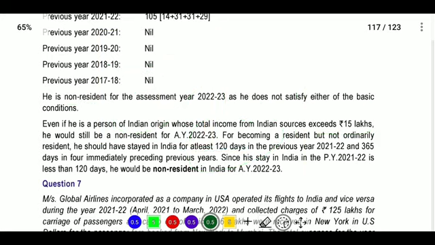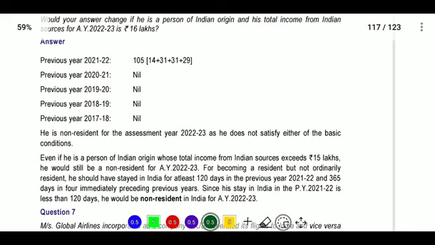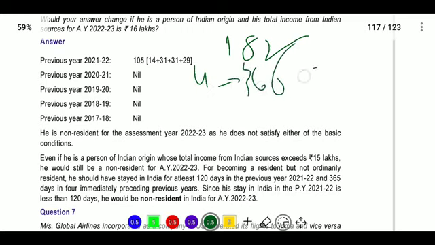Firstly, we have 2 basic conditions. What are those conditions? One is 182 days, condition 1, and another one is 365 days in the 4 preceding years and 60 days at least in the previous year. This is either one.